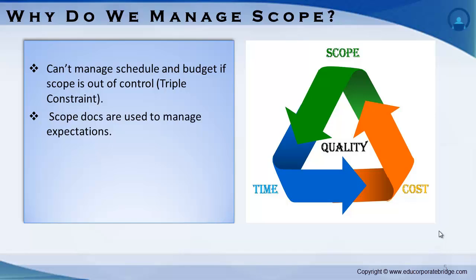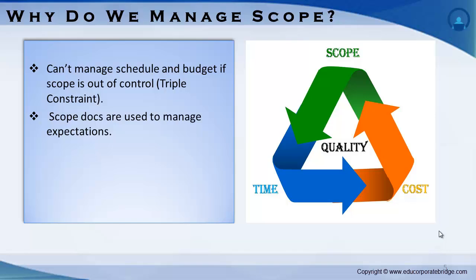These constraints are always competing against each other during the execution of the project. The project manager must integrate all aspects of the project to manage the interaction of time, cost, scope, and quality constraints for project success. In this session, we need to understand the effect of a scope on the other two constraints.